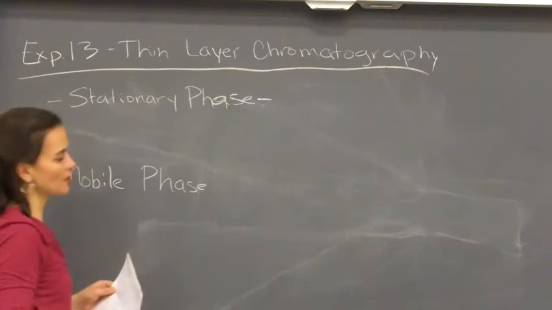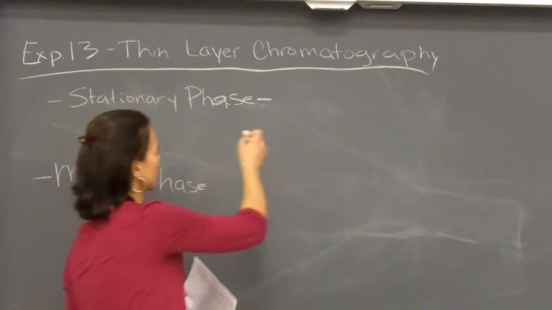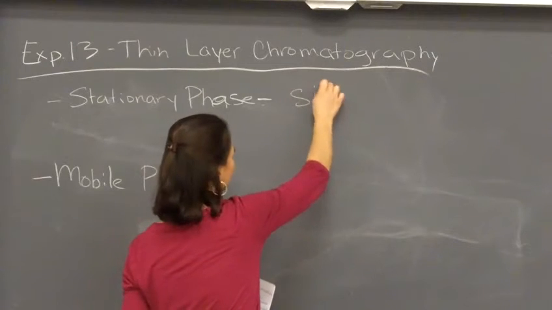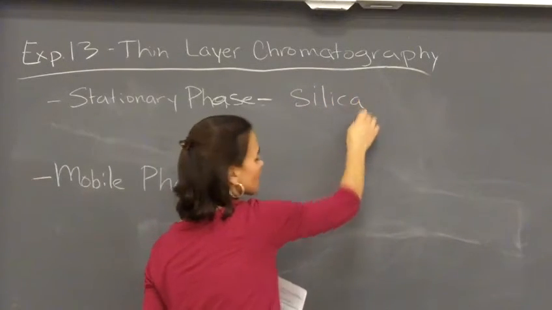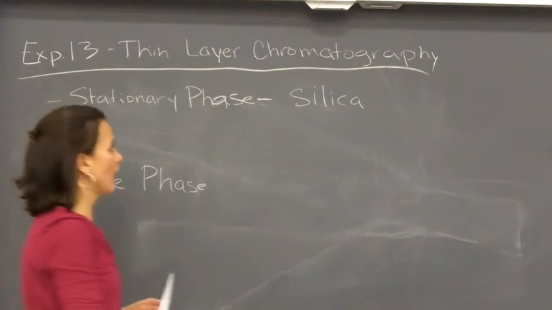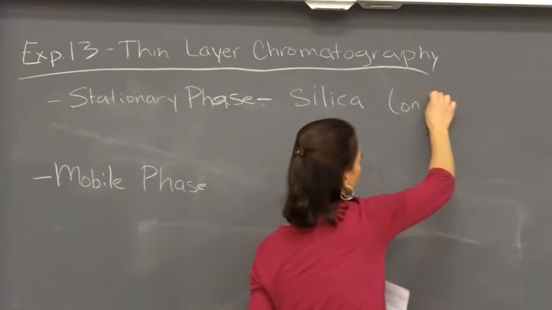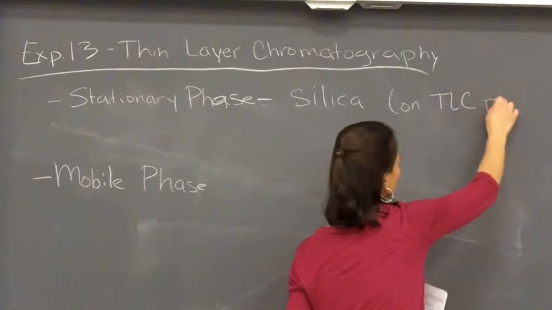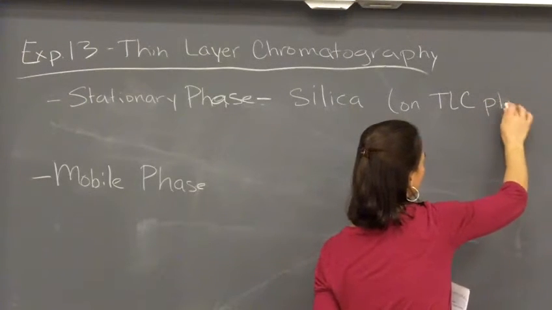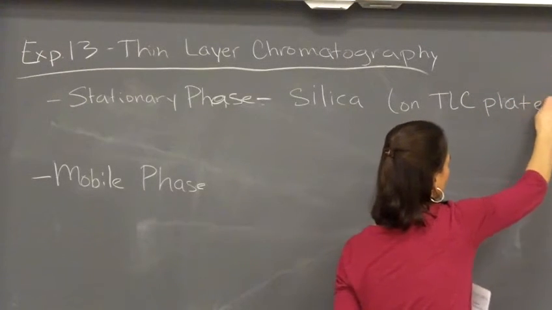So with thin layer chromatography, our stationary phase for the most part will be silica. Usually when you use it, you're using silica. And this week, it's going to be on TLC plates themselves, okay? I'll show you what those are here in a minute.